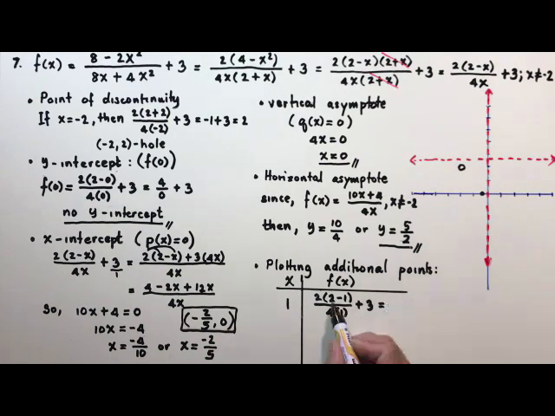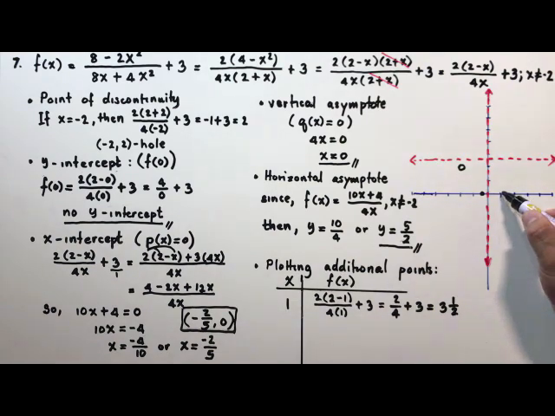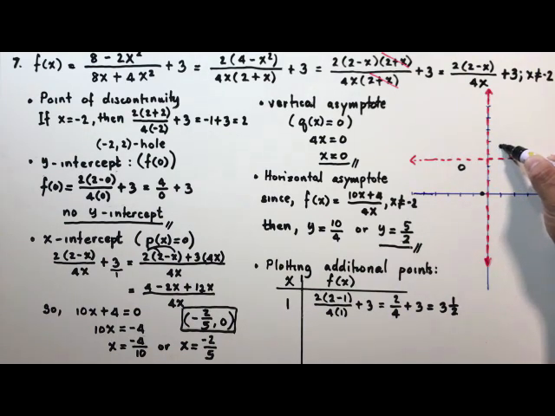So this is 2 minus 1, which is 1, and 1 times 2, that is 2, over 4 plus the constant of 3. So this is actually 3 and 1/2 or 3.5. So if you plot at x equals 1, that is 3.5. So 1, 2, 3.5. So it's here.